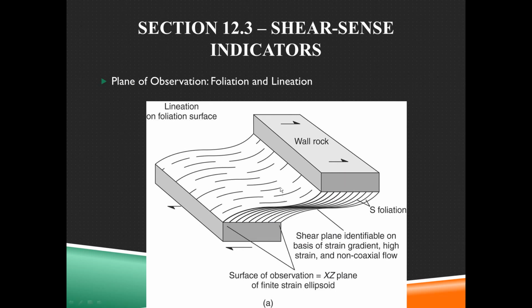This is the fault gouge that got buried so deep that it's a lot of pressure and heat. It turns into mylonite, and we have foliations, and on the surface we have lineations, and the orientations of them can tell us about the motion of the fault.